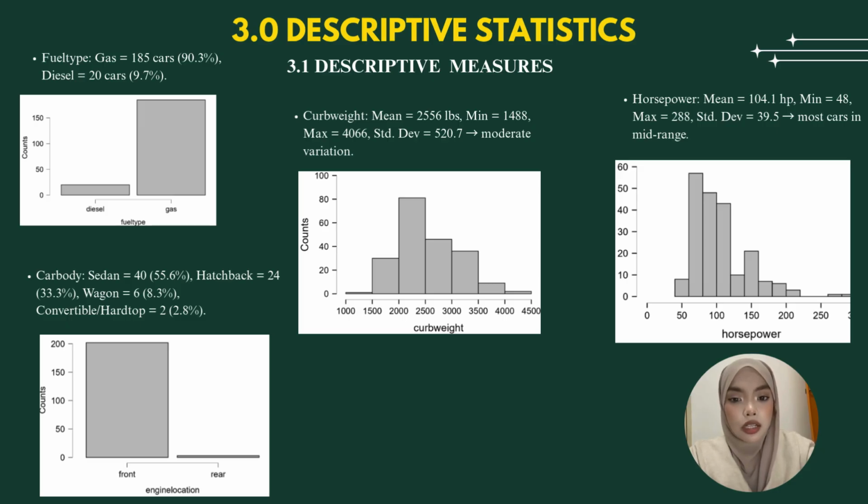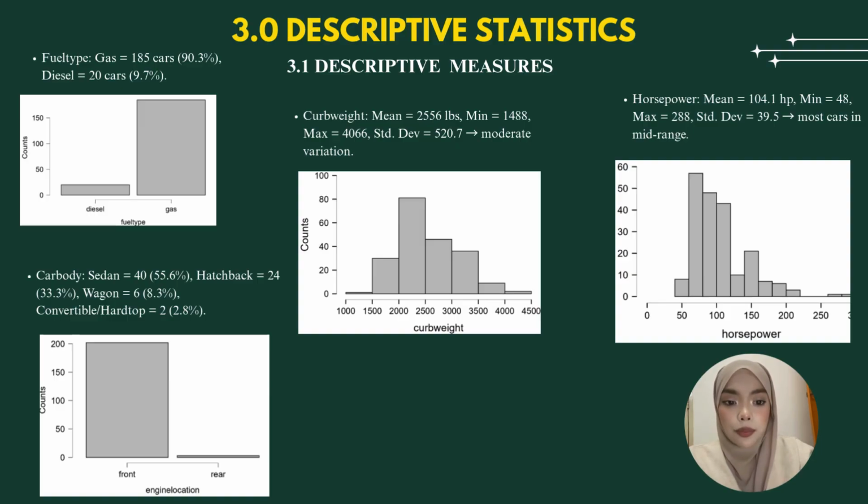The standard deviation of 520.7 shows moderate variation in vehicle weight. For horsepower, the mean is 104.1, ranging from 48 to 288, with a standard deviation of 39.5. This indicates that most cars fall within the mid-range of engine power.